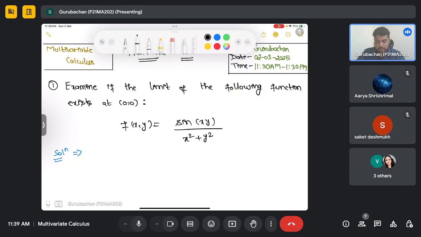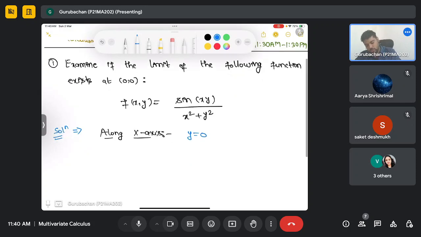So we will start here along two curves. First of all, along the x-axis. So what is along the x-axis? y equal to 0.